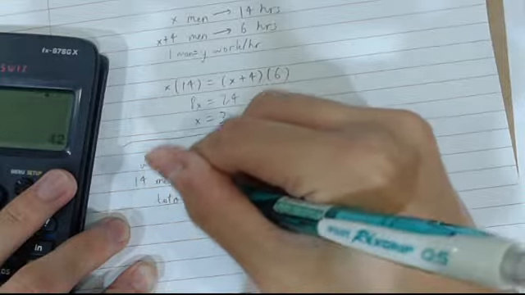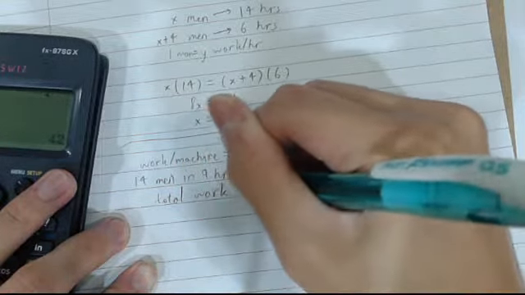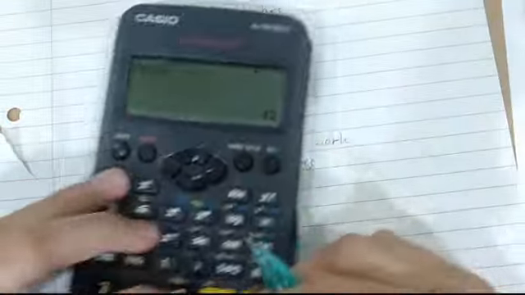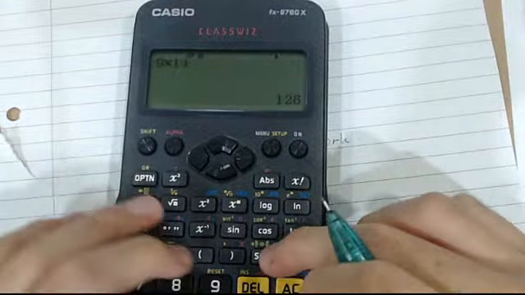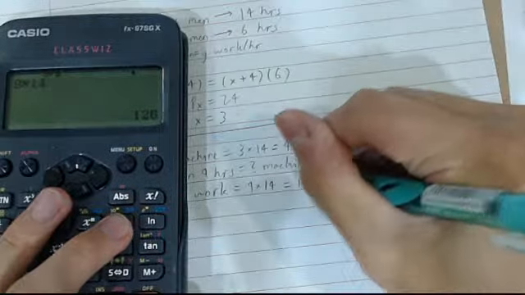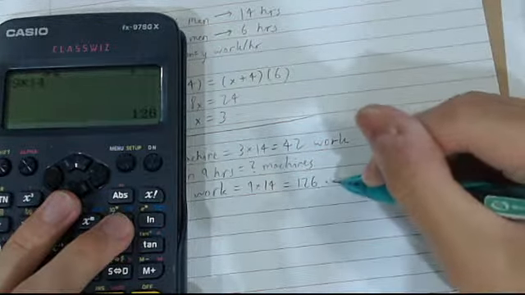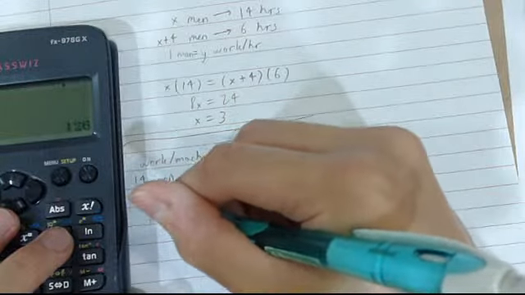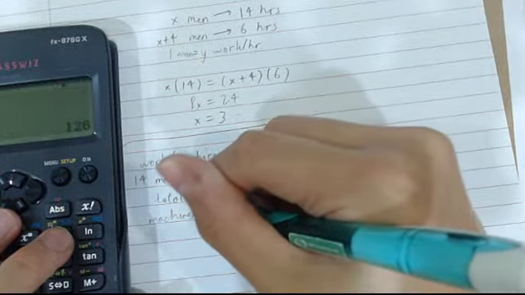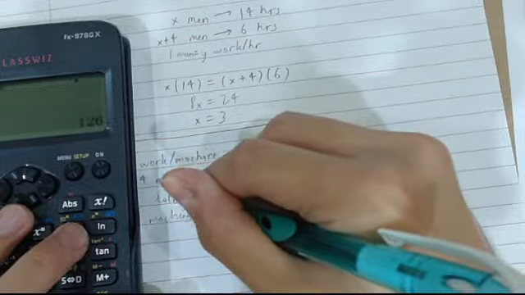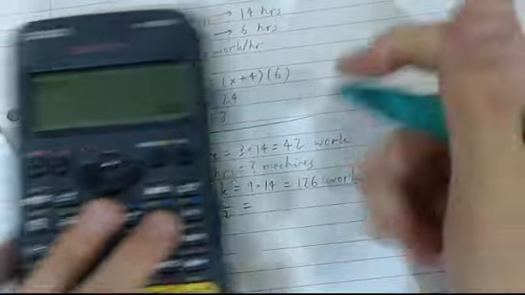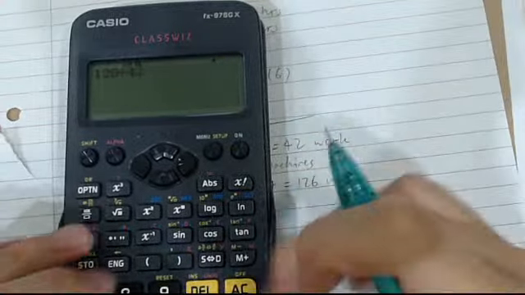So the total work equals to 9 times 14, which is nothing but 126. And since we know the work needed to make one machine, we just divide that. Machines is equals to 126 over 42, which is 3.